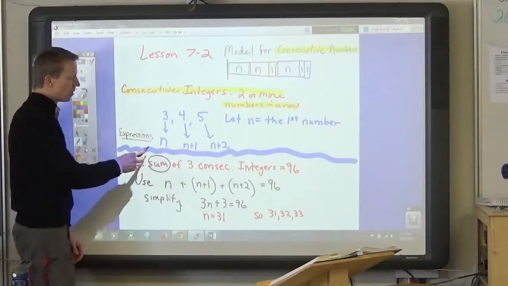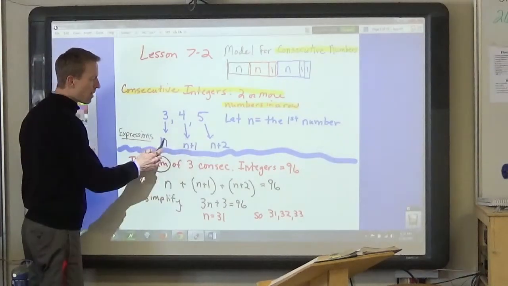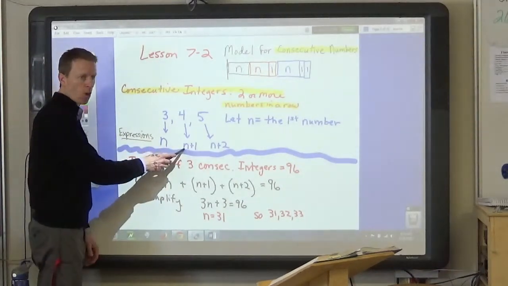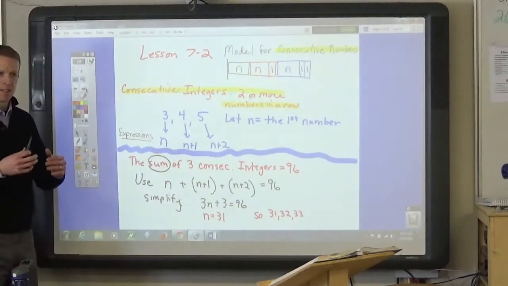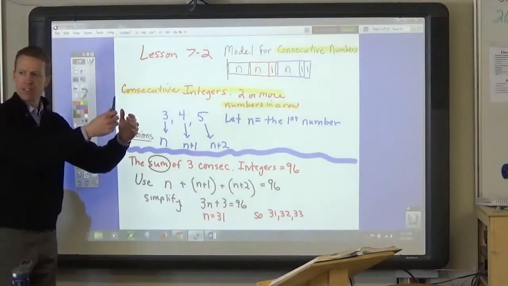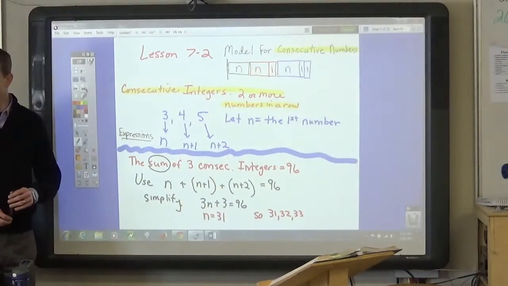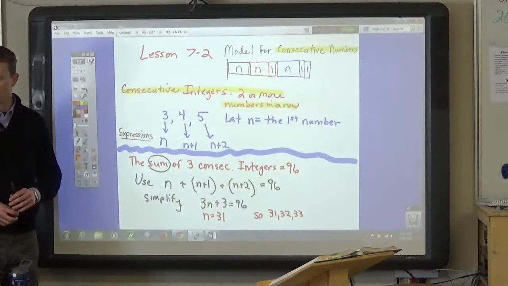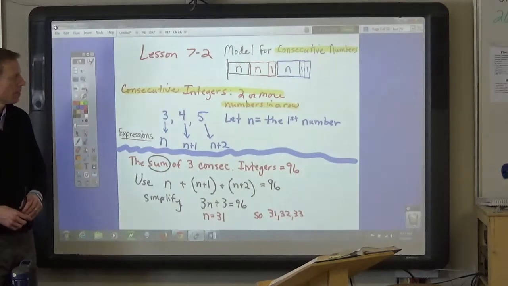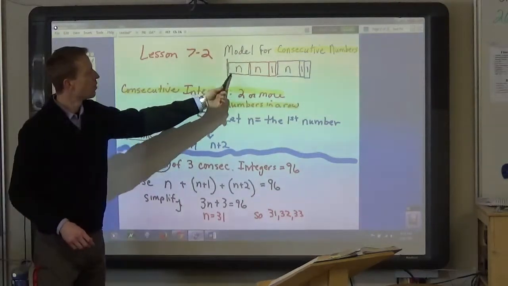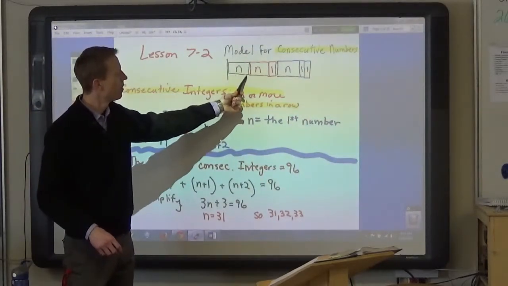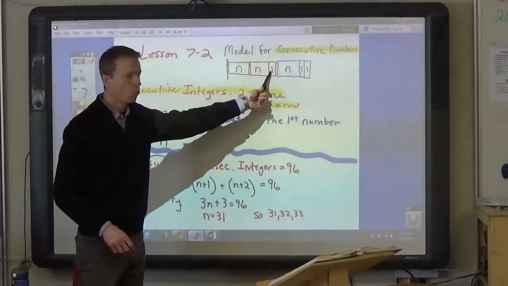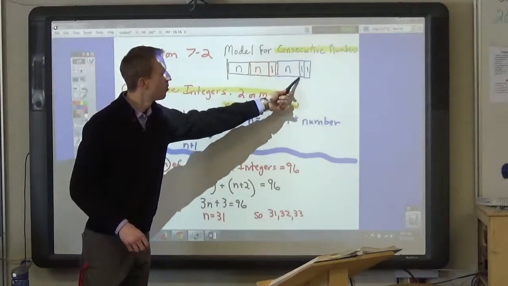So we can use these expressions, n plus 1, n plus 2, to be the expressions for consecutive integers. Okay? Think about it. If this was the model for consecutive integers, this would be n, and n plus 1, and n plus 2.